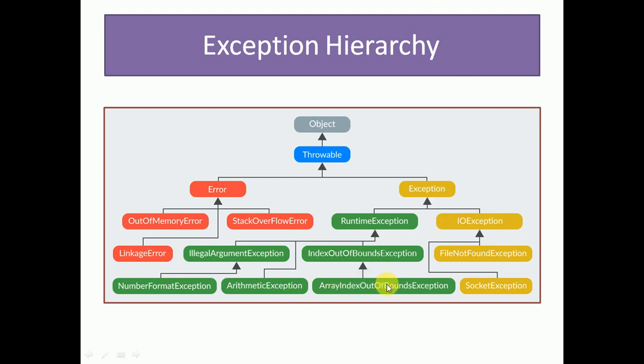Let's suppose we are dealing with an array, so there is an array index out of bound exception, which will occur only during runtime. When we are executing a program and we try to insert more values in an array, or we try to access an index which does not exist, or we try to divide a number by 0, those exceptions will occur during the execution of a program.